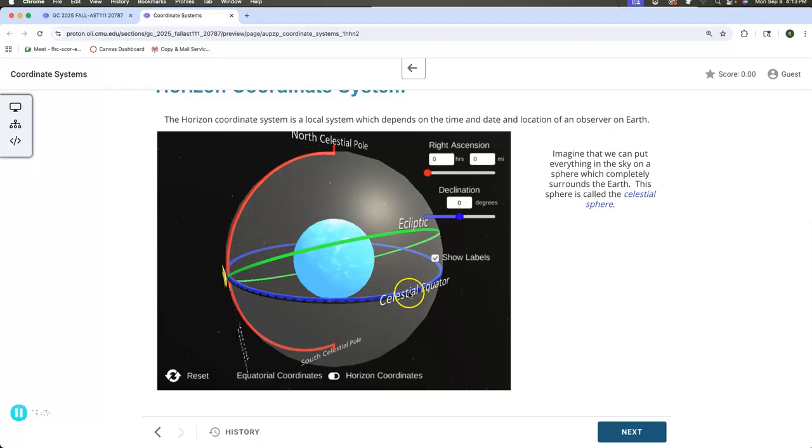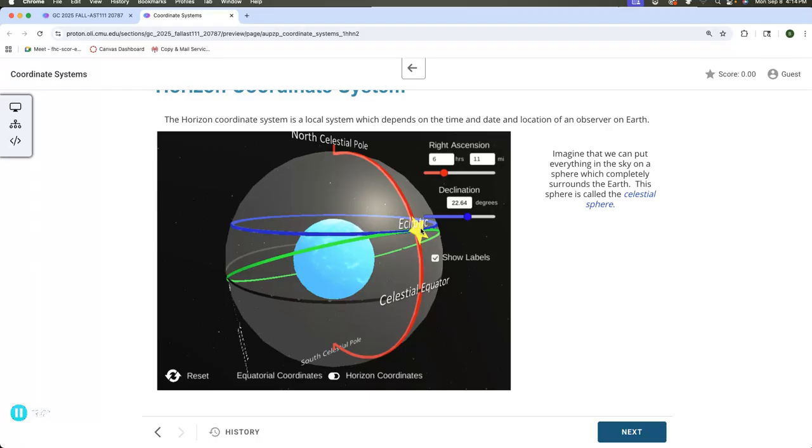So, yes, the Earth's axis is tilted with respect to the sun, and therefore the sun appears to be tilted with respect to the Earth. And when the sun is, I can do this, right? Over here, let's imagine this is the sun, right? When the sun is north of the equator, then the sun is going to be higher in the sky for those of us living in the southern hemisphere.